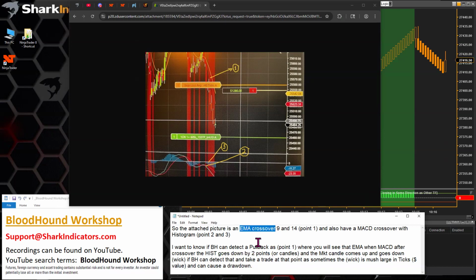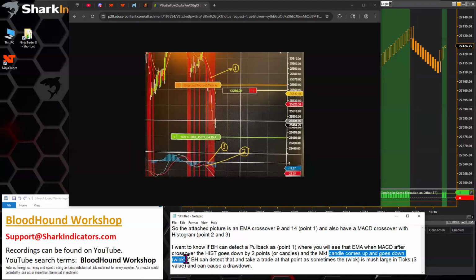Then to identify when the histogram drops or rises by 2 points, and also identify a candle wick in the opposite direction of the crossover.